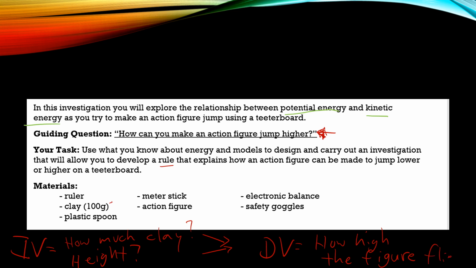All right. So the height of the jump is going to be the dependent variable. But again, one basic concept of science is that the independent variable will always influence what the dependent variable is.